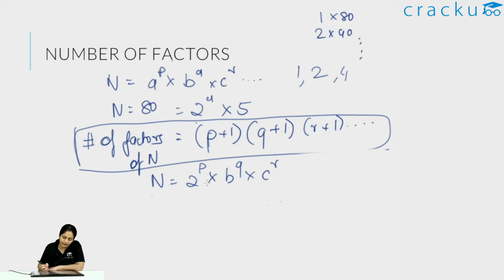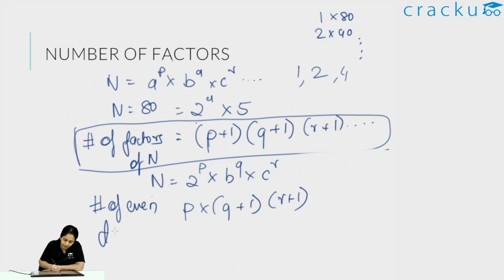So to get even factors of n, I have to at least pick one power of 2. I can't pick 2 raised to 0 as a power of 2, which would mean that instead of p plus 1, I'd have p possible ways of selecting the powers of 2. This into q plus 1 into r plus 1.